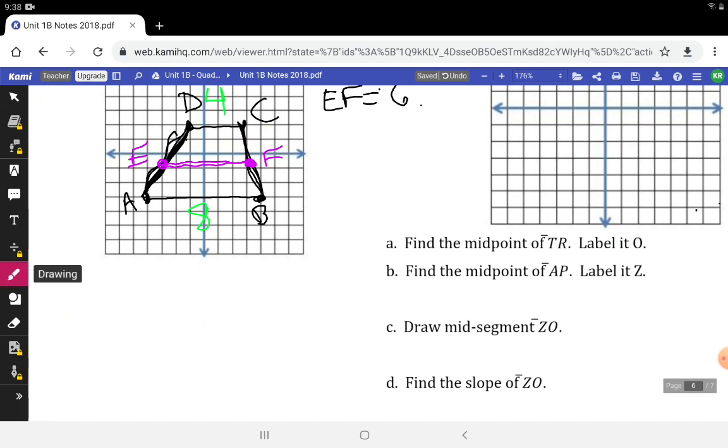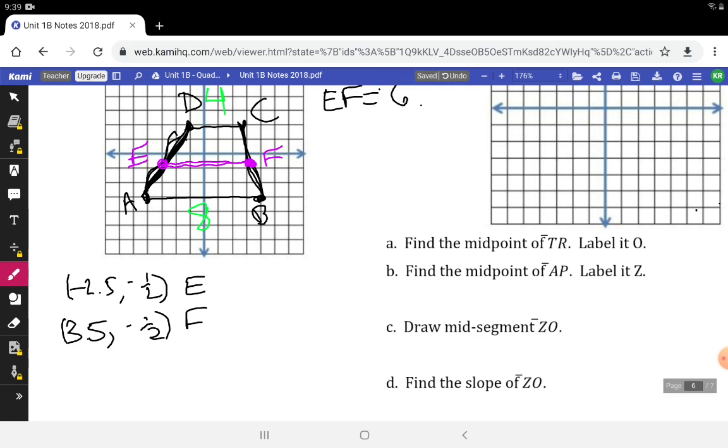All right, we know that the coordinates of E are (-2.5, -1/2). And we know that the coordinates for F are (3.5, -1/2).